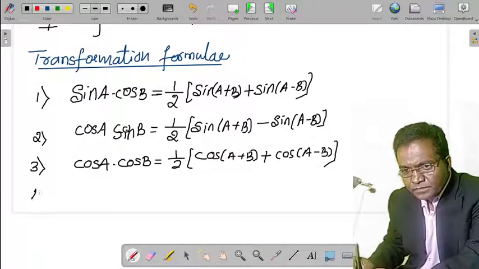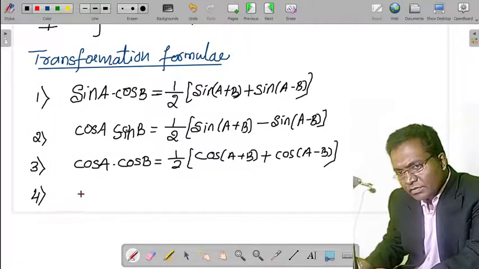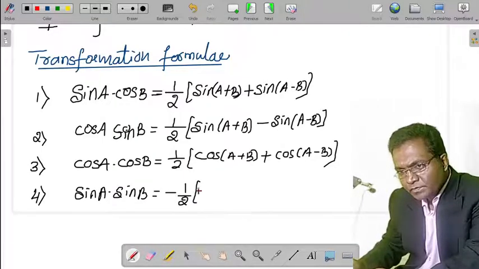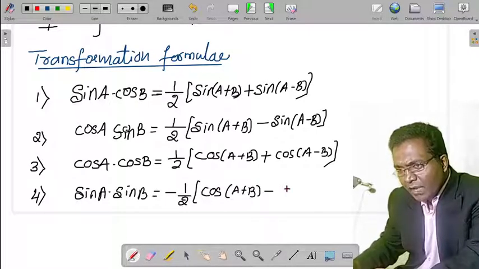Last one, sine a into sine b. Suppose if you get sine a into sine b, it is minus 1 by 2 cos of a plus b minus cos of a minus b.